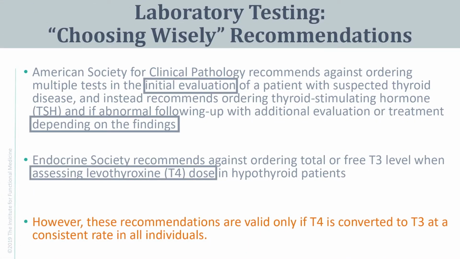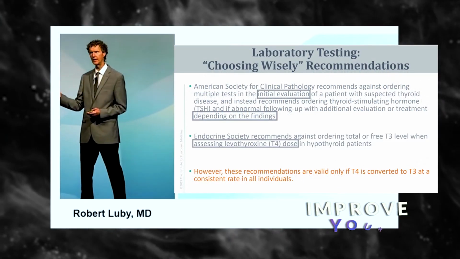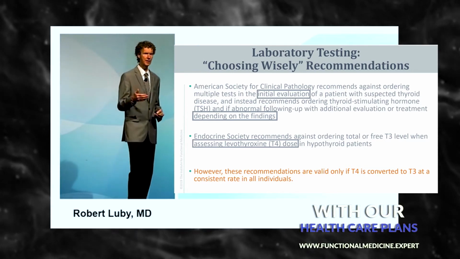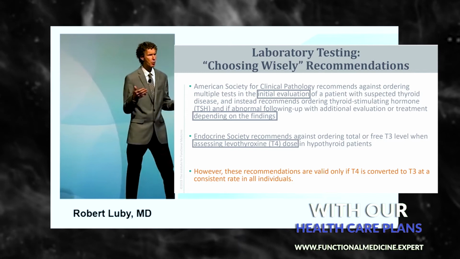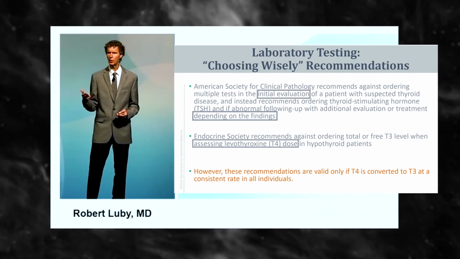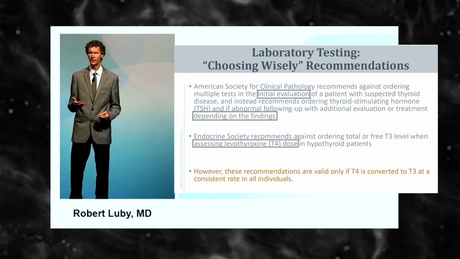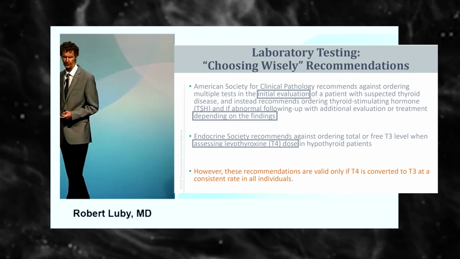Now, you can get seated again and settle in for the final stretch here. Let's balance this with the Choosing Wisely recommendations, which are excellent recommendations from our specialty organizations to help us choose laboratory tests wisely and not needlessly spend healthcare dollars. How do we walk this balance of knowing that TSH alone might not be adequate and yet being responsible physician citizens with healthcare expenditures?